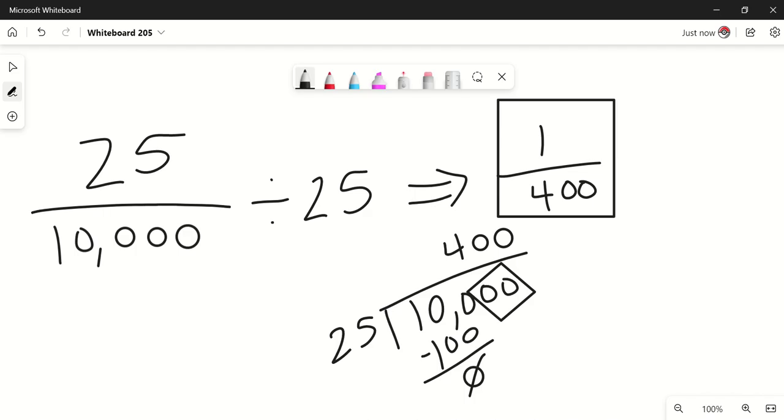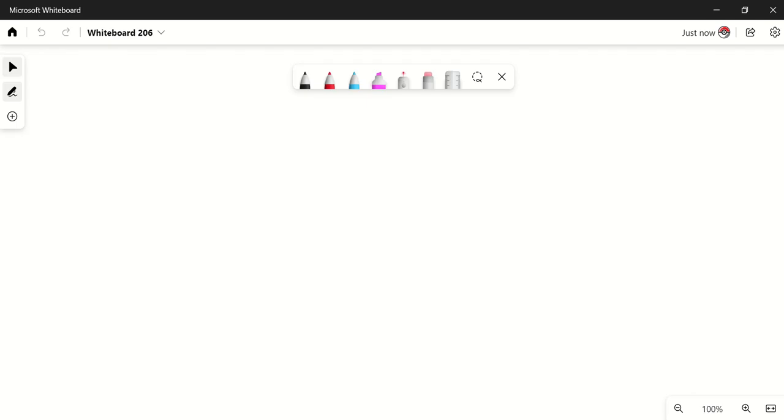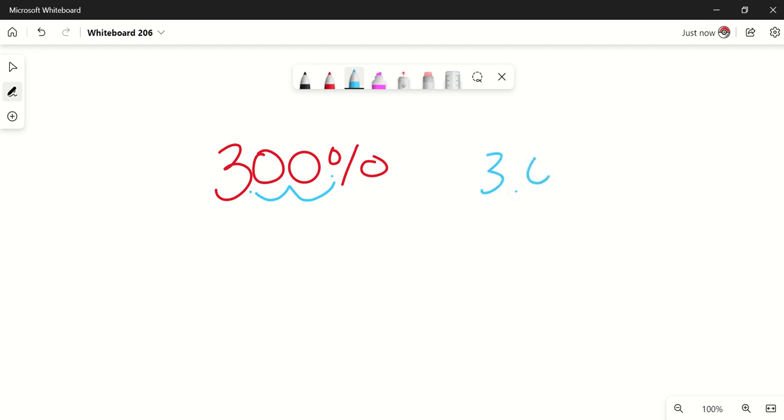We're going to continue to do these ones on the whiteboard. 300%. Now remember, to convert a percent to a decimal, the decimal jumps 2 times to the left. The decimal is at the end here, 1, 2. I will have 3.0, or just as a decimal, just 3.